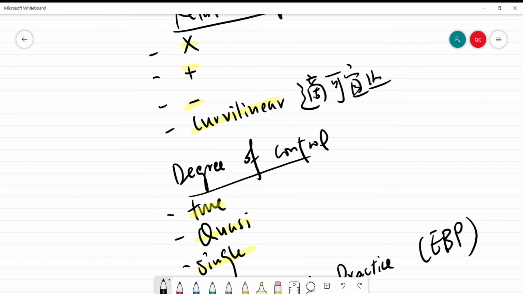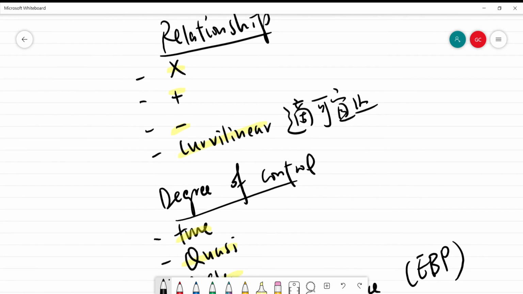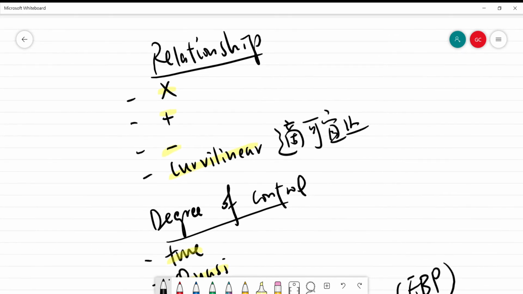So the negative relationship is that, for example, when you exercise more, which means you exercise for a longer period of time, on a regular basis, your weight will be lowered. So when one thing increases and another thing decreases, this is a negative relationship.